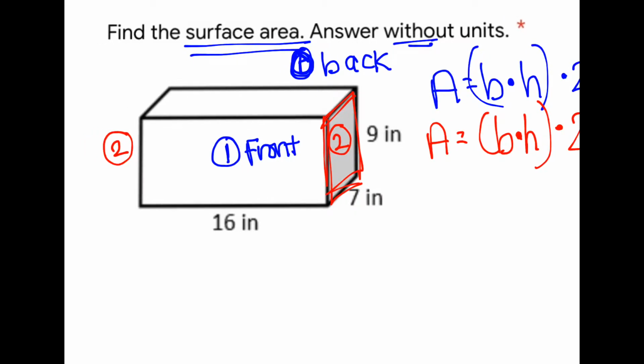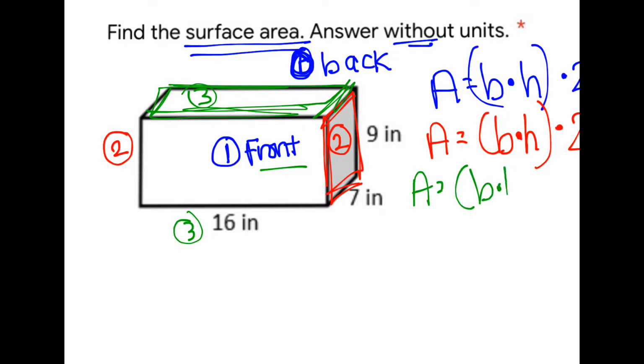Then we have a top and a bottom. So that area also is going to be your base times your height, and then you're timesing it by 2 because there's a top and a bottom.